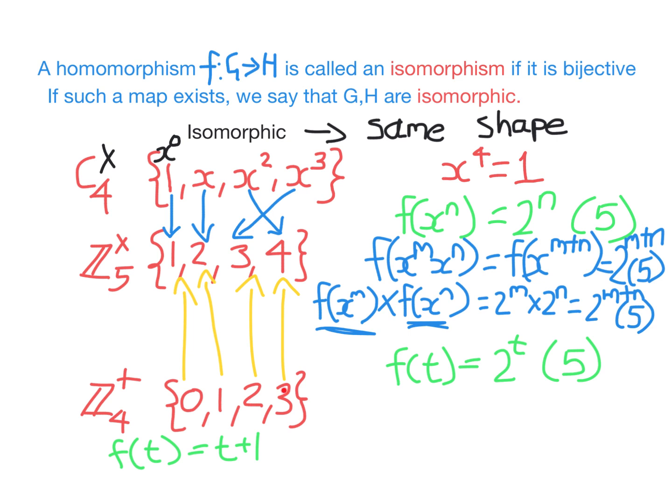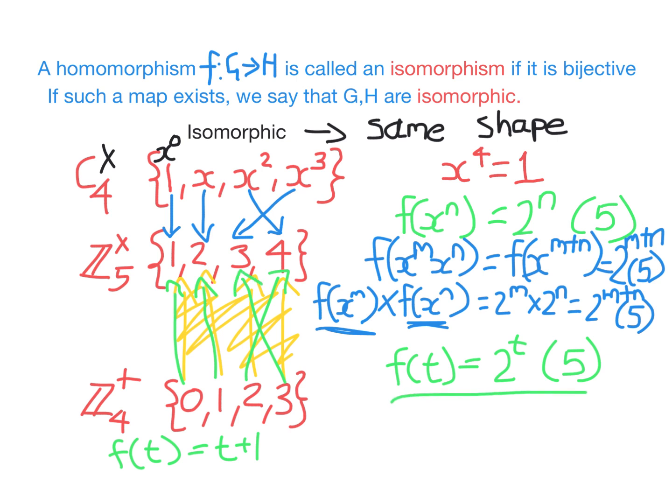In fact, these two are inverses. So we need to find a map that doesn't go like that. It needs to map 0 to 1 and 1 to 2. That part was right, but we need it to map 2 to 4 and 3 to 3.